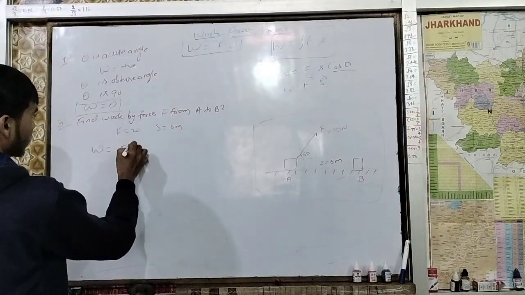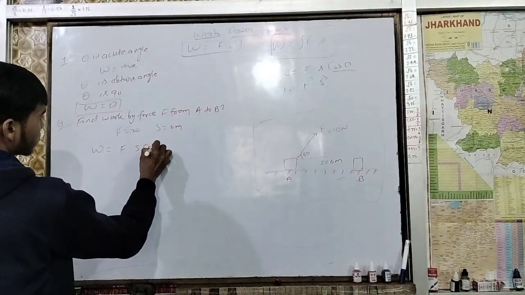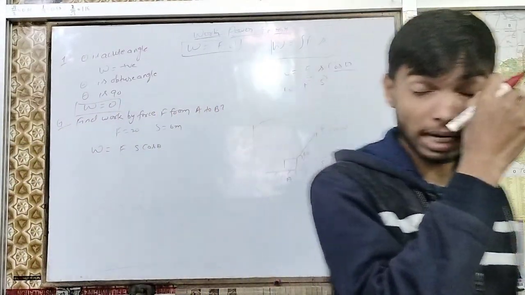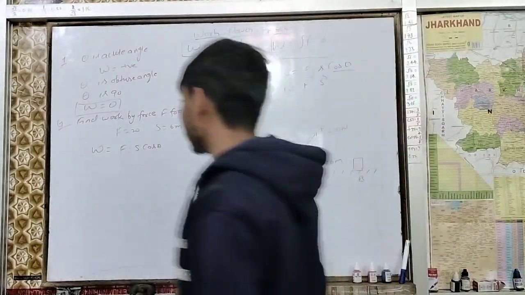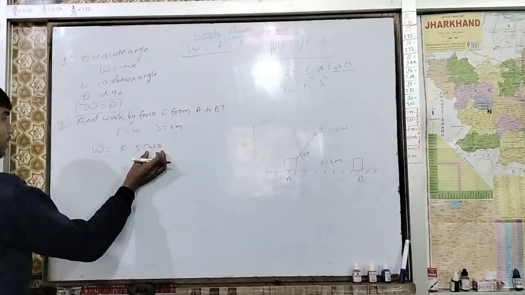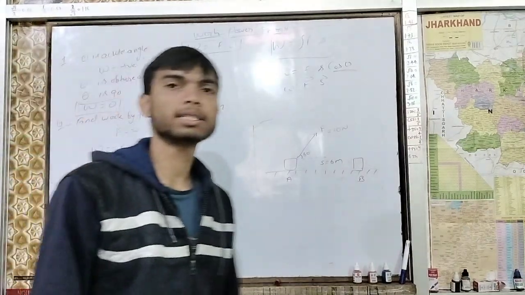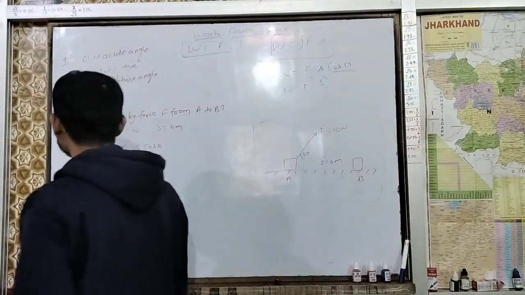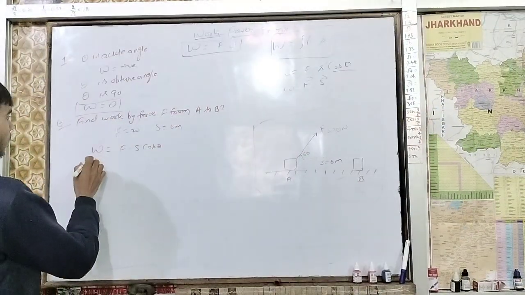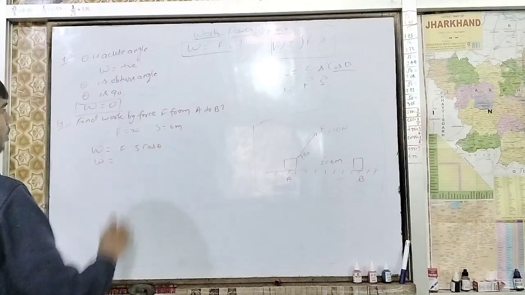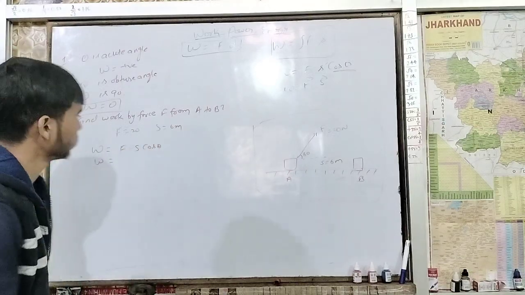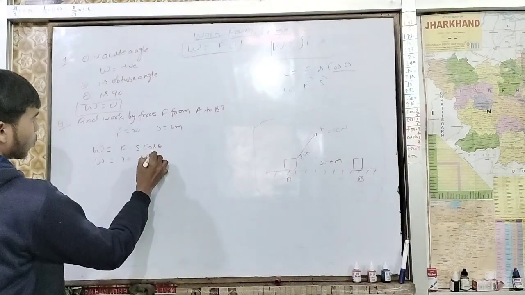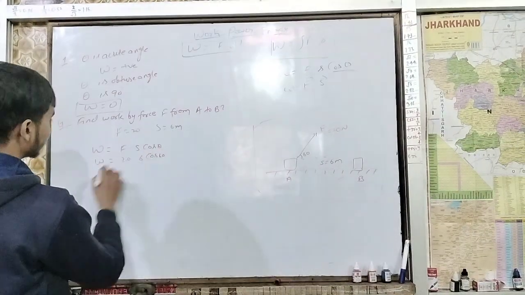We can say W is F S cos theta. We wrote cos theta because the question is providing the angle. If a question is providing an angle, then you can write cos theta. The reason is W is a scalar quantity. Now we have all values of F and S. F is 20, S is 6, cos 60.